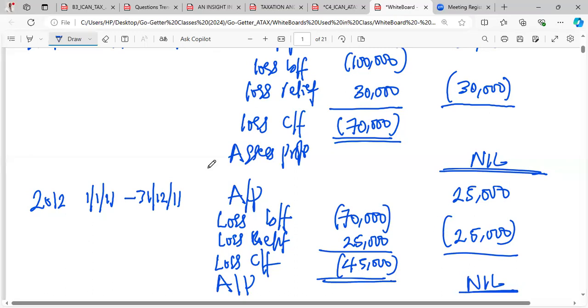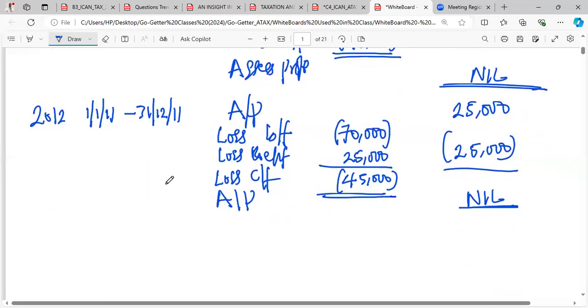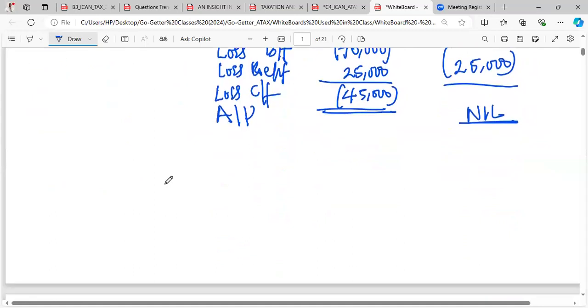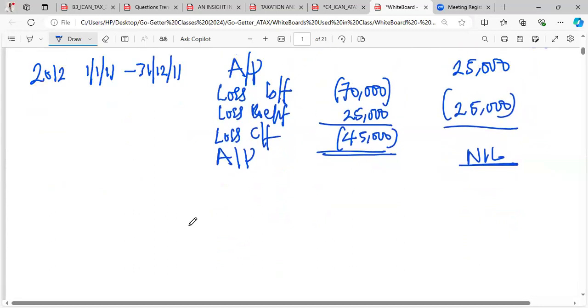So that's for 2012. We are not asked to calculate tax, just assessable profit. So now we are going to 2013. So this is 2013. It's going to be from January 1, 2012 to 31st December 2012. So let's see what we are given.